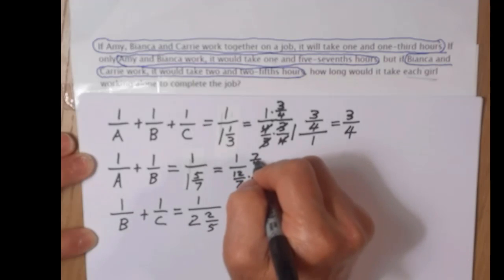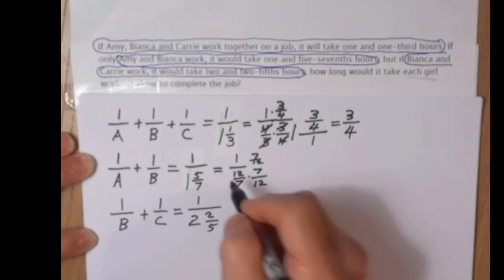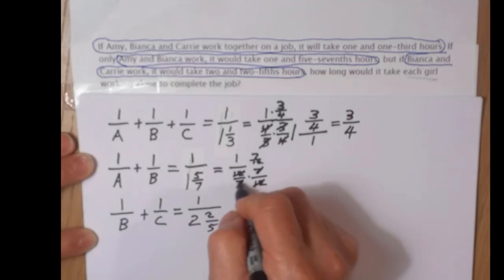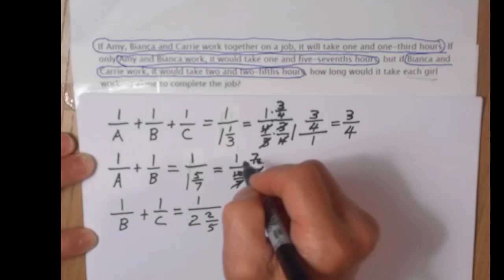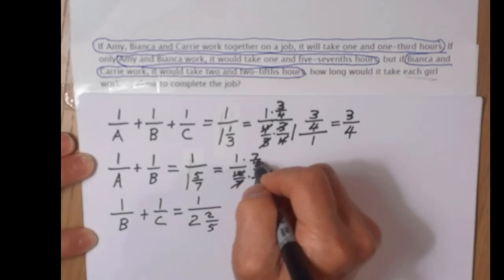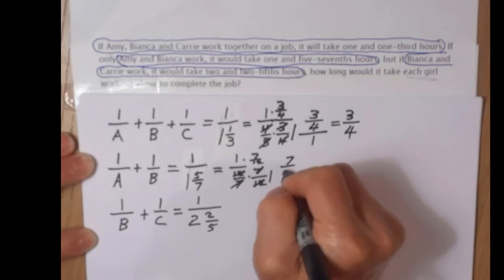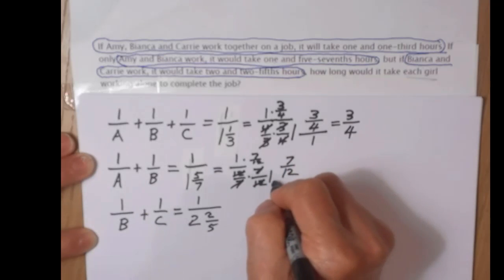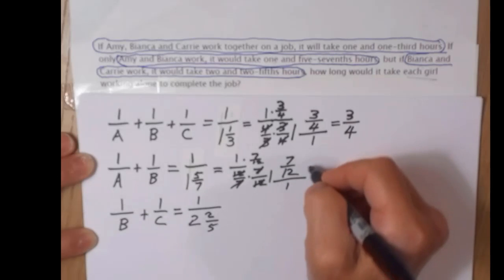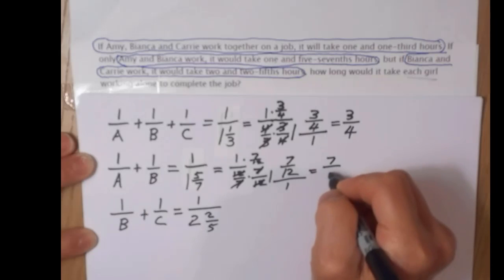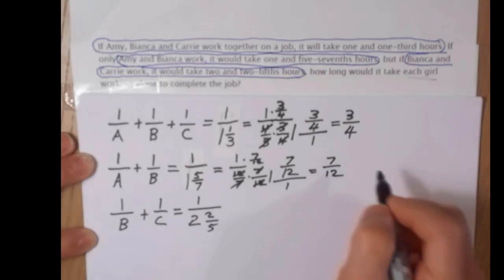In the denominator, these cancel. It becomes a 1. 1 times 7/12 is 7/12, so we have 7/12 over 1, which is actually just 7/12. Any number divided by 1 is that same number.